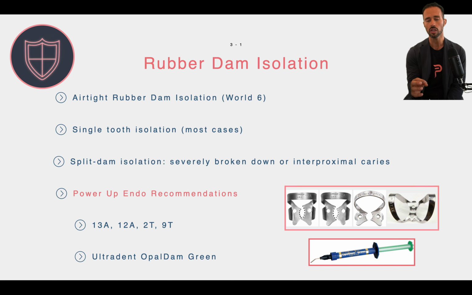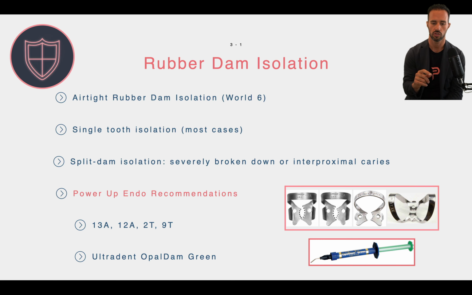Also, you really don't need to get crazy and complicated with which clamps you're going to outfit your practice with. All right, 99% of the time, these 4 clamps are going to be all you need in order to isolate any given case.